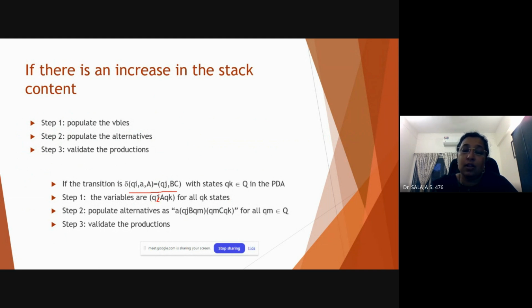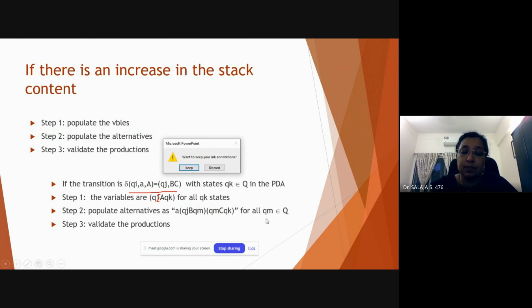So for all these states, what you have, QI A and QK. If you have Q0, Q1, Q2, we'll take it as QI, QK, and then populate the alternatives.